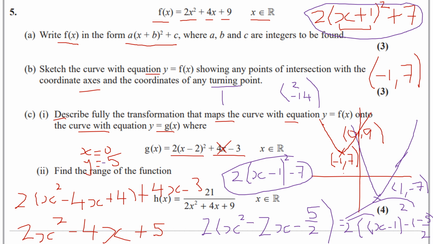When I put 0 into here, I get 2 minus 5 here, which is minus 7. But that's the same function as that. I get 2x squared minus 8x plus 4x makes minus 4x. And then I've got positive 8 minus 3 is going to be 5.